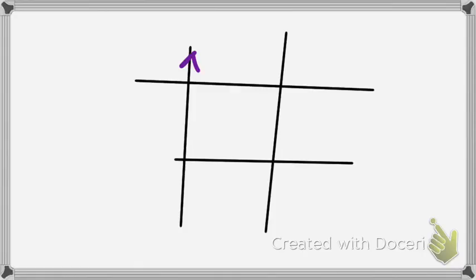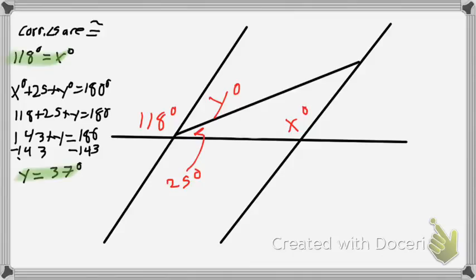So the proving lines parallel is just kind of the opposite of this. Go back a little bit. Okay, because it's really just taking it from a different point of view.